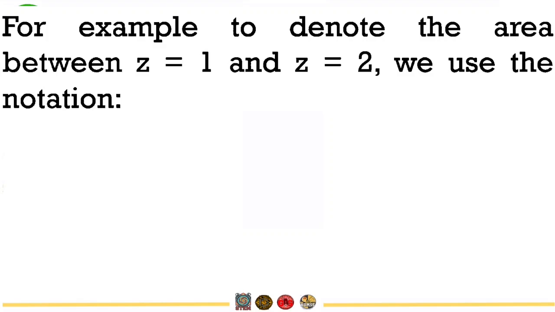For example, to denote the area between Z is equal to 1 and Z is equal to 2, we use the notation. But before I show the notation, let us solve for the area. Before we solve for the area or the probability, I suggest you illustrate first what is being discussed. So let's illustrate what is being asked. This is a standard normal curve.